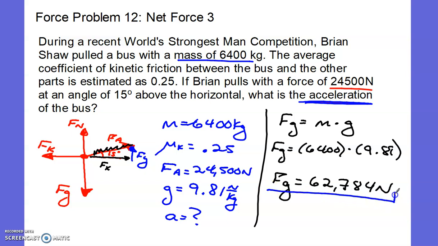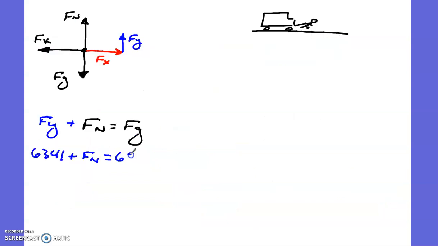We said it was 62,784. Now we solve for the normal force by subtracting the 6,341 to the other side. And we get that the normal force is 56,443 newtons.